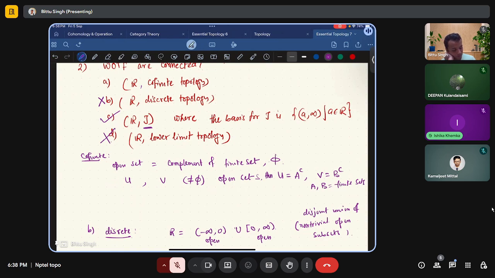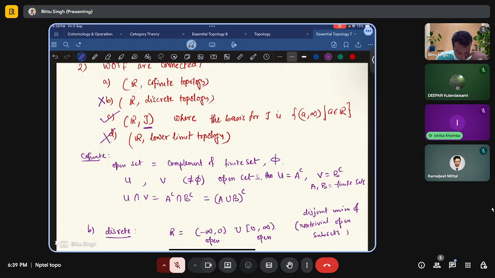Okay. Now what happens? So let us see U intersection V. So this is A complement intersection B complement, which is A union B whole complement. Right?